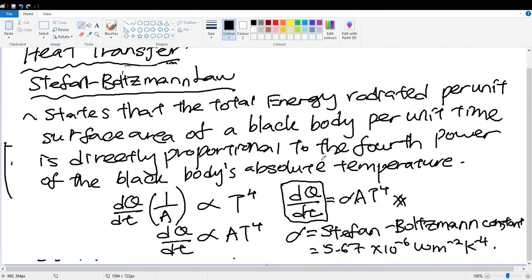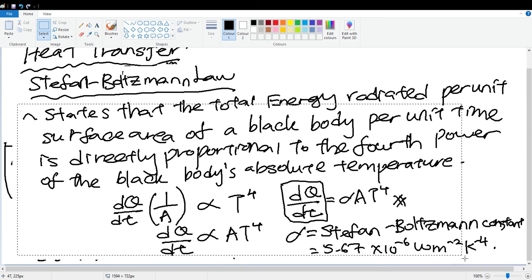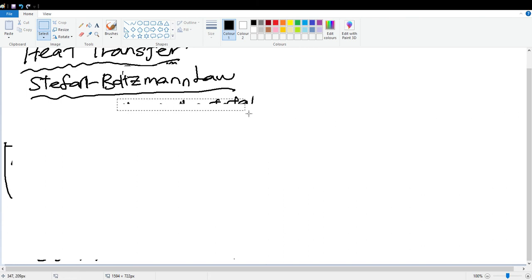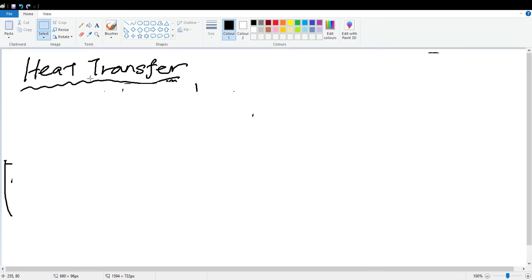So let's discuss the properties of a black body. Let me erase this first. So actually, what do we have for the properties of a black body?